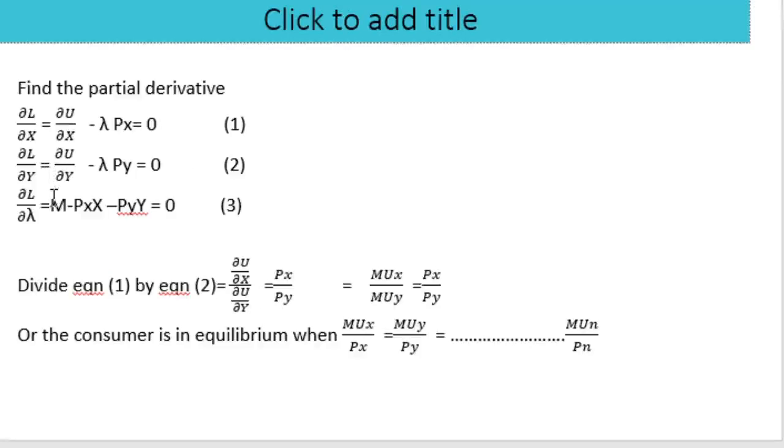And partial L by partial Y likewise is partial U by partial Y minus lambda Py, and partial L by partial lambda equals M minus Px of X minus Py of Y equals 0.